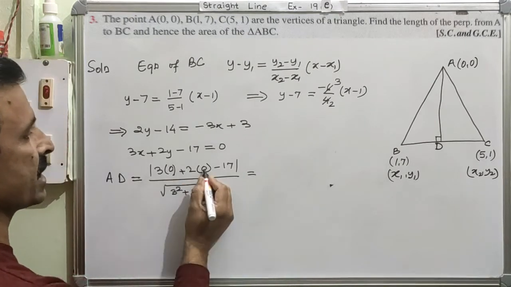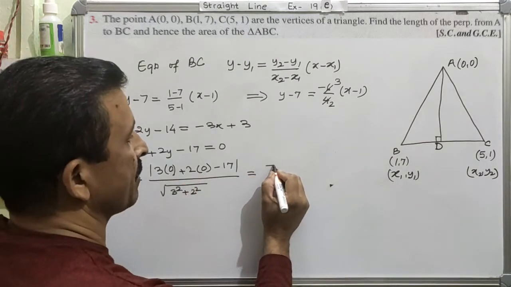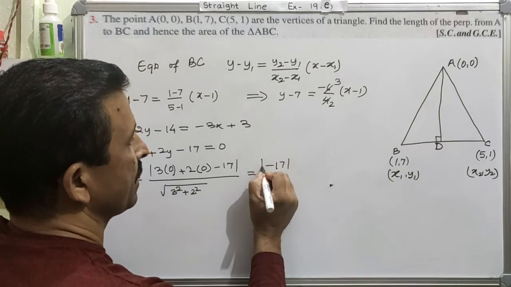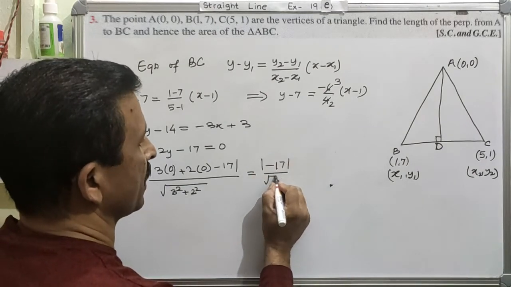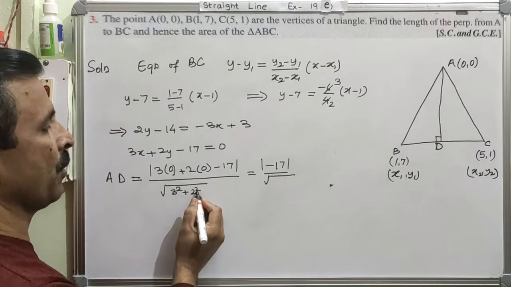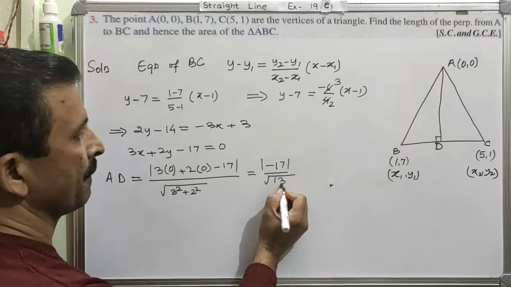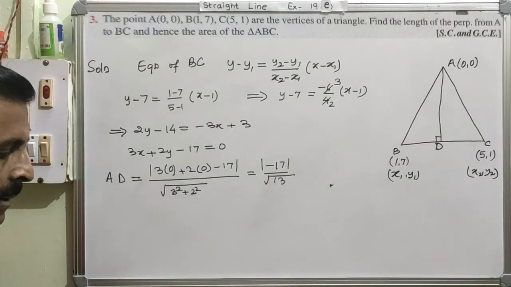This is 0, this is 0, this is only minus 17, divided by root over 3 squared is 9 and 4, 13. Am I very clear?